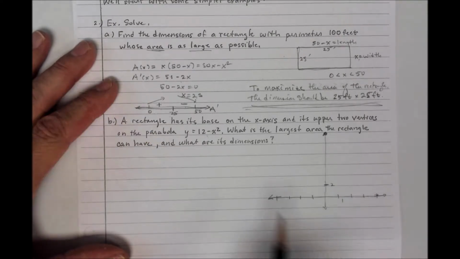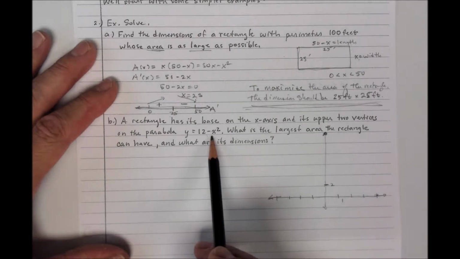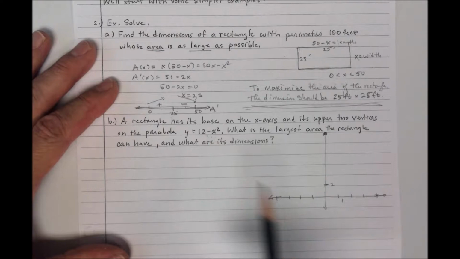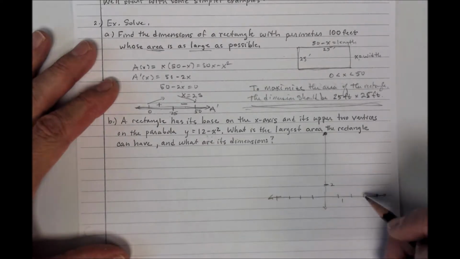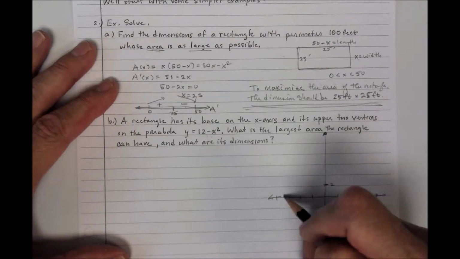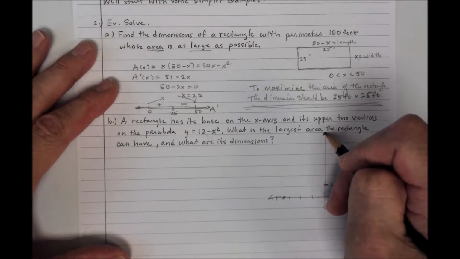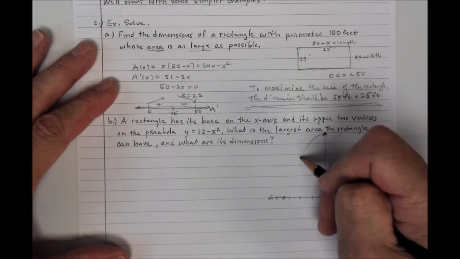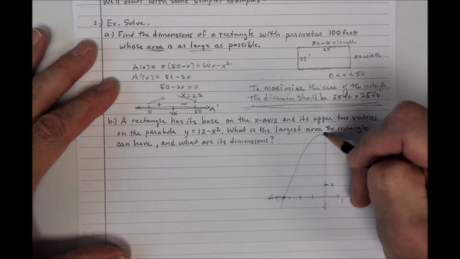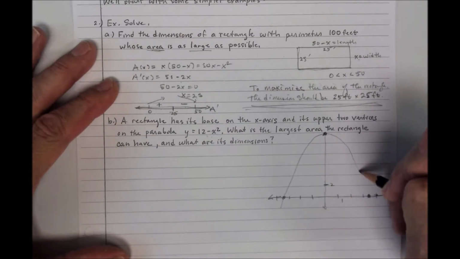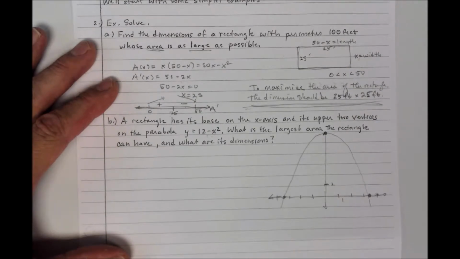If I set this equal to 0, my x-intercepts would be plus or minus the square root of 12, plus or minus 2 square root of 3, about 3.4. So about here, and negative 3.4 about here. So my graph is going to do something like this. That's the parabola. Not very good. Hopefully you can follow this.